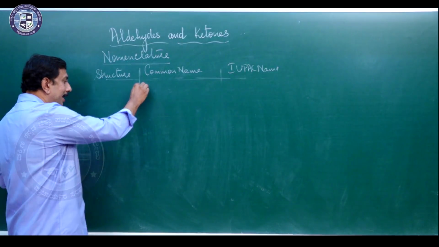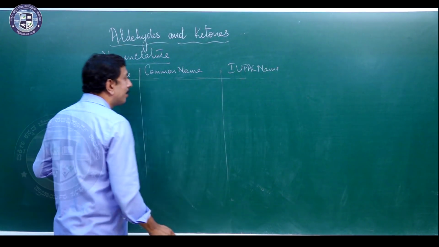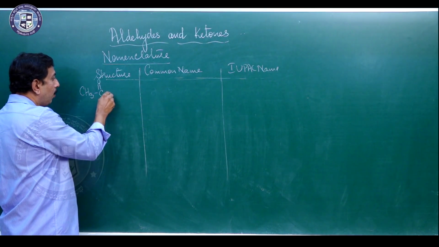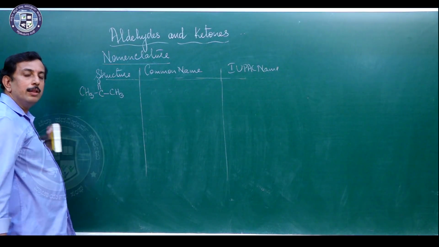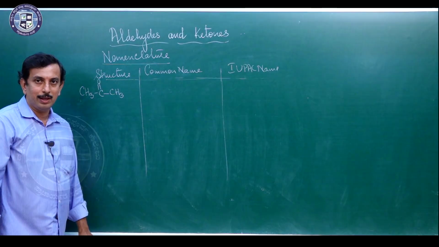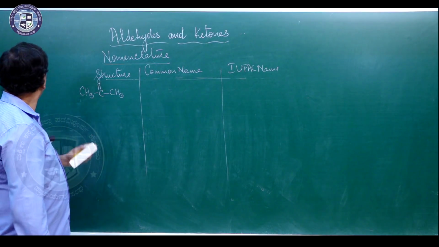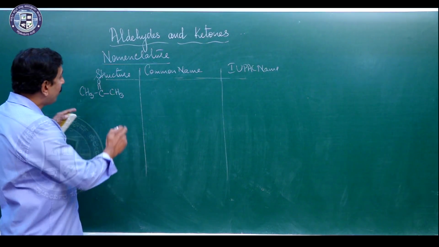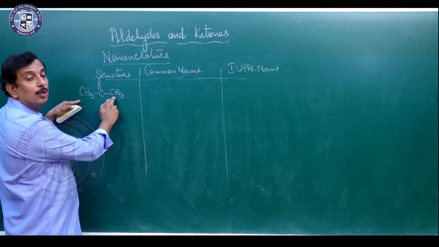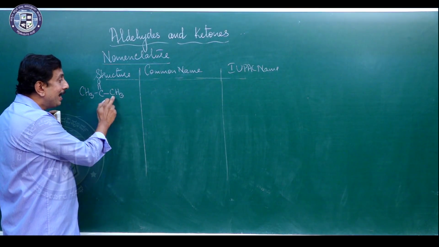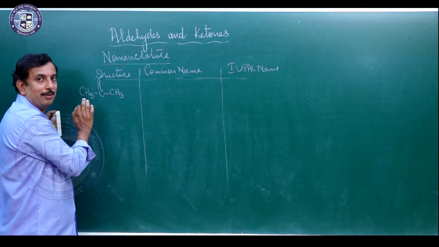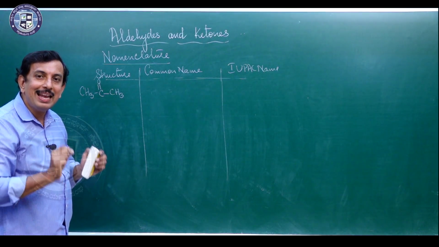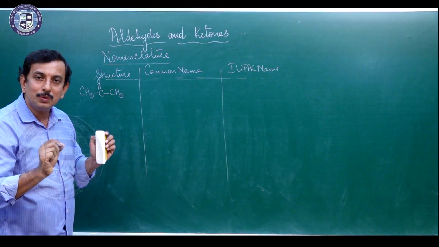The example what I am starting here for naming a ketone is like this. I will start with one simple example, CH3COCH3. This is one of the simplest of the ketones what we can have. When I want to name it in the common system, the common system says that you have to name the group attached to the carbonyl group by using a suitable prefix. If there are 2 similar groups, use the prefix di, then name the group, then add the word ketone.